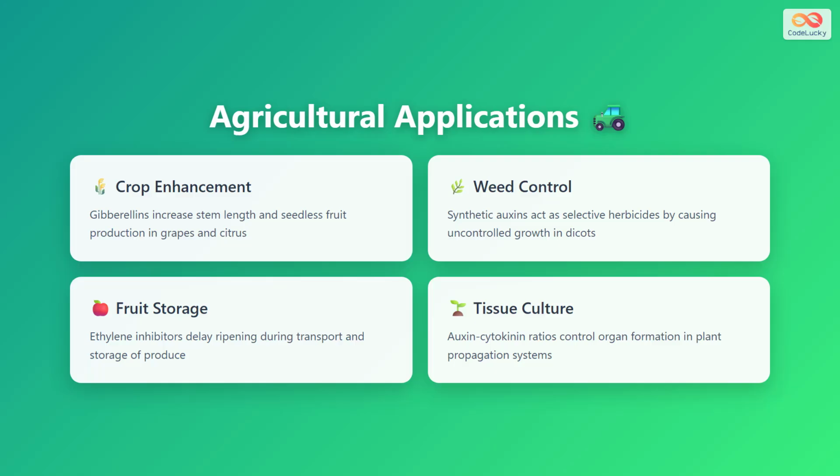In the fruit industry, ethylene inhibitors are applied to delay ripening during transport and storage, ensuring that produce reaches consumers in optimal condition. Finally, in plant propagation through tissue culture, scientists carefully control the ratio of auxins to cytokinins to direct the formation of specific organs, whether roots, shoots, or other structures, allowing for efficient multiplication of valuable plant varieties.